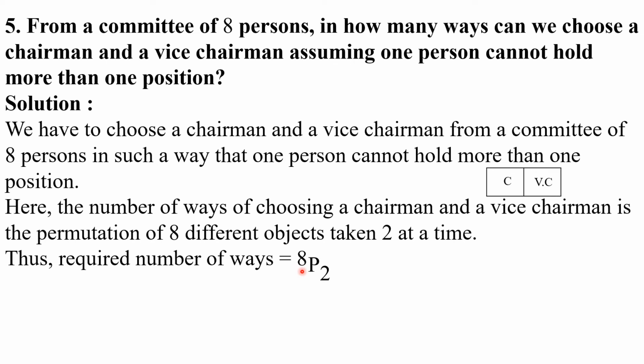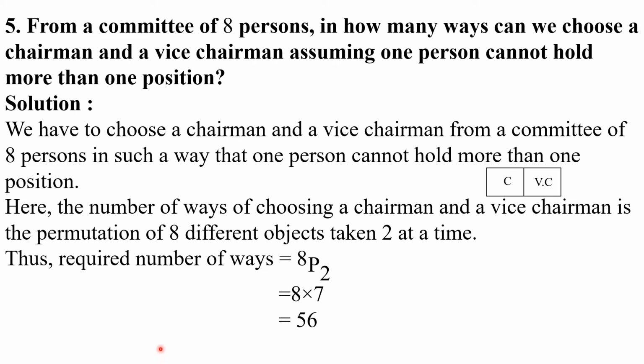Please remember this point. That is equal to 8 into 7, which is 56. So this is the number of ways of choosing a chairman and a vice chairman out of 8 persons, assuming one person cannot hold more than one position. Understood this question, my children?